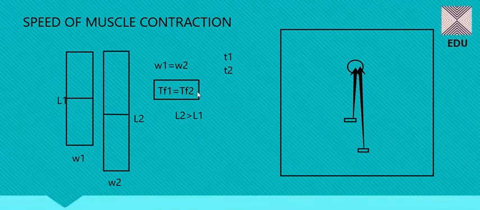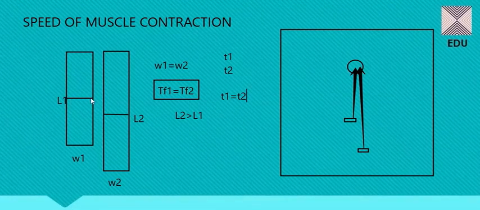Now, in the case of the muscles, because the tensile forces are the same in both cases, T1 is equal to T2. So both of these muscles will reach half of their length in the same time.